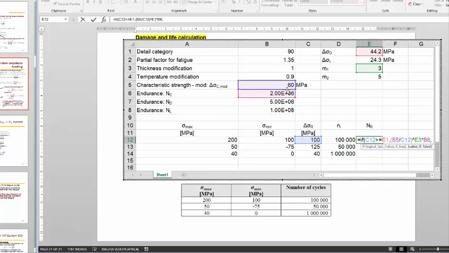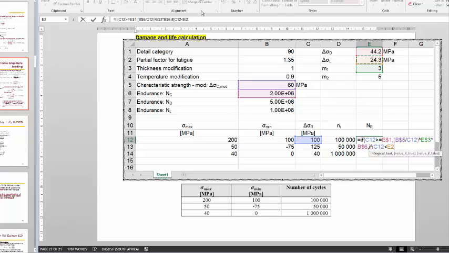Right? And now we need to dollar a few things. This should be dollared. B5 should be dollared, and E3 should be dollared, and B6 should be dollared. Now we ask the next question. If that's not the case, we ask if this value is smaller than the cutoff limit.